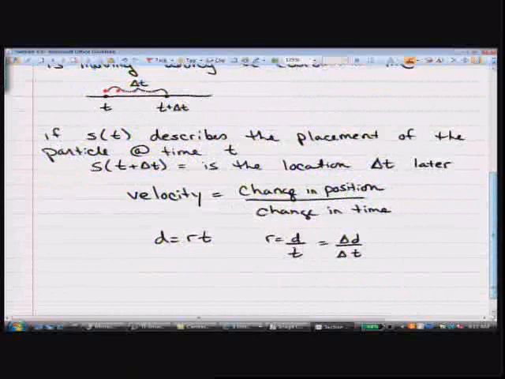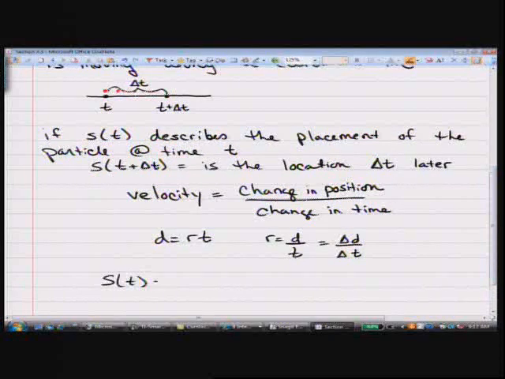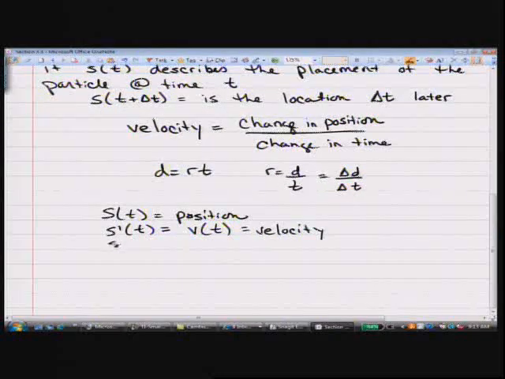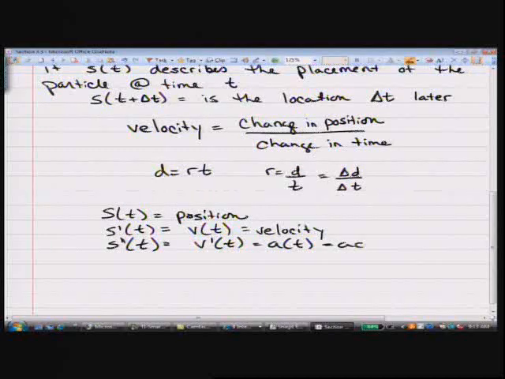And so S of t, we would call that position. S prime of t, we would call v of t, or velocity. S double prime of t is v prime of t, or a of t, which is acceleration, because it's the change in velocity over time.